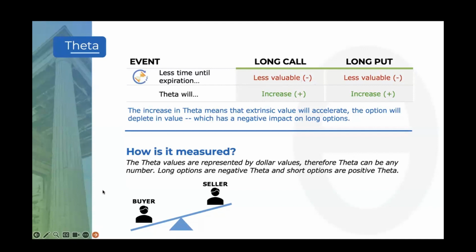Also something to note when we were going through that T chart: if it is a negative factor for long calls, then just flip it. If we were going to sell this, then it would make it a positive number, because two negatives make a positive.